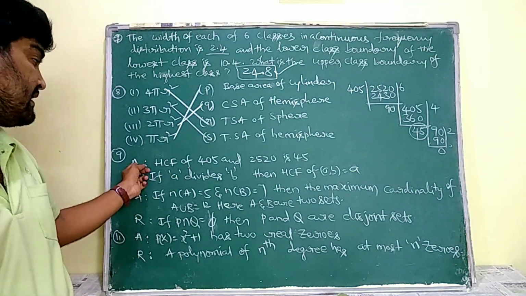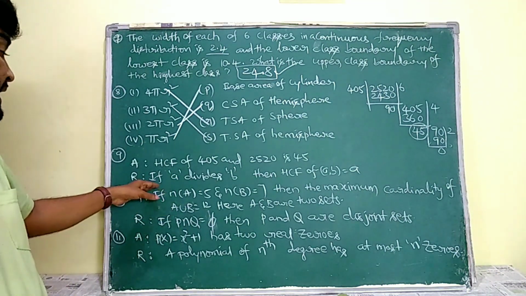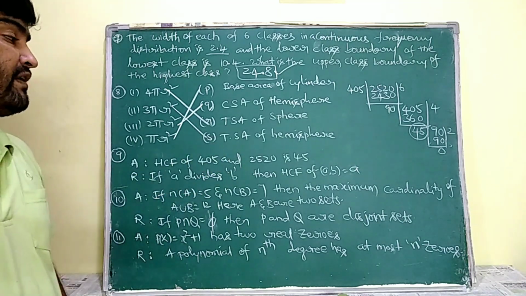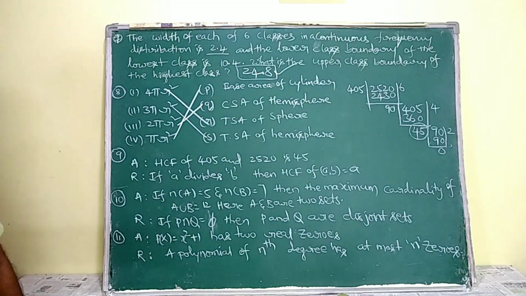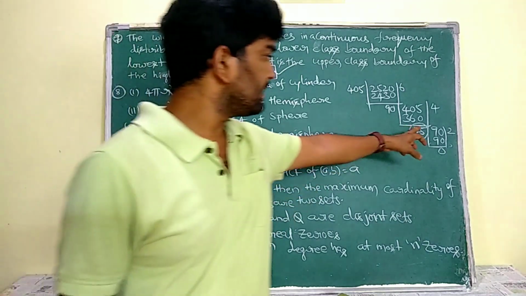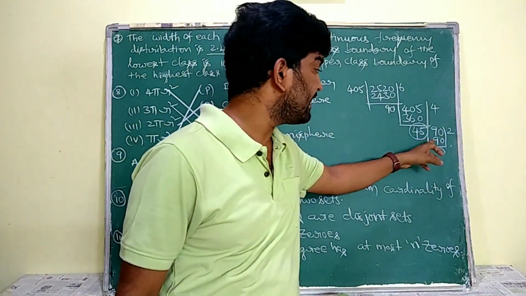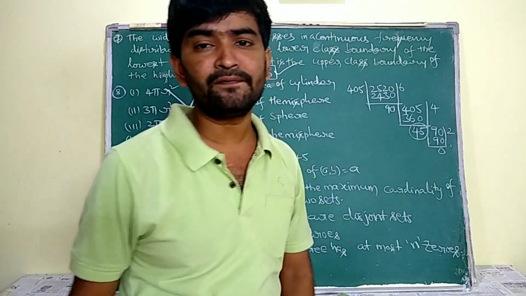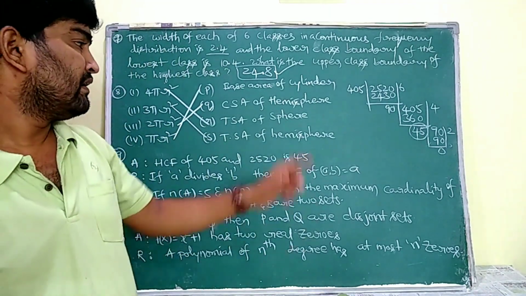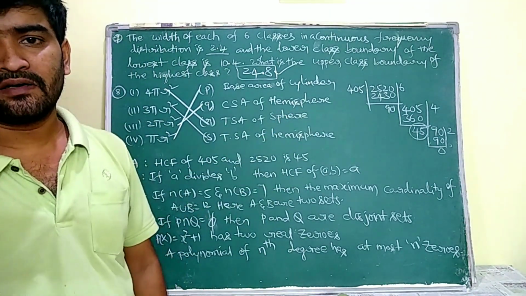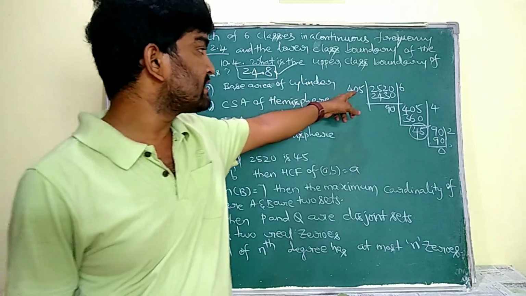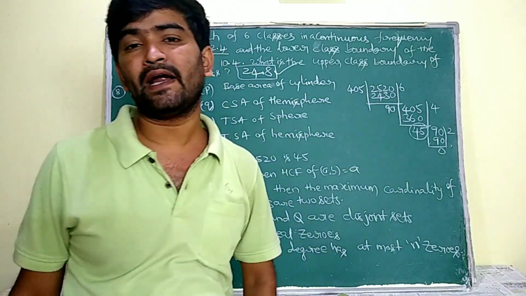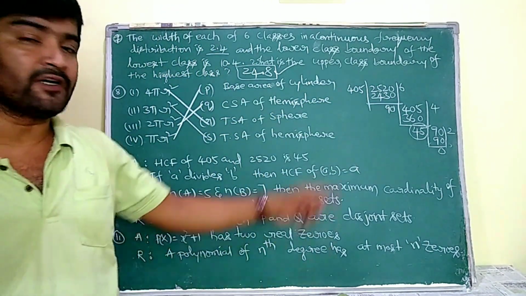If so, the first statement, that is assertion, is true. If A divides B, then HCF of A comma B is A. If this 45 divides 90, that's why 45 is the HCF of 45 and 90. But here see, the HCF of 405 and 2520 is 45.